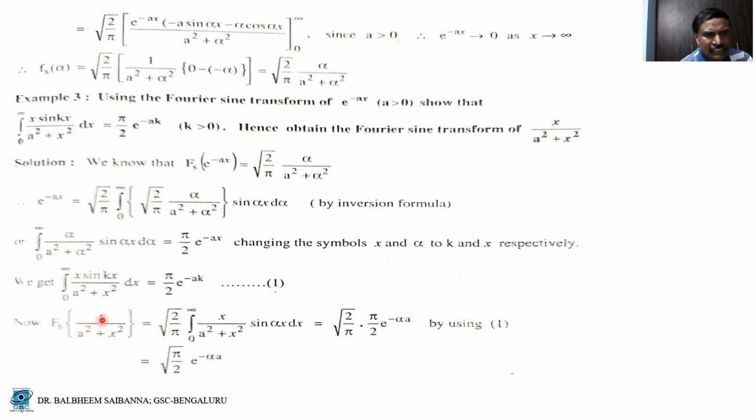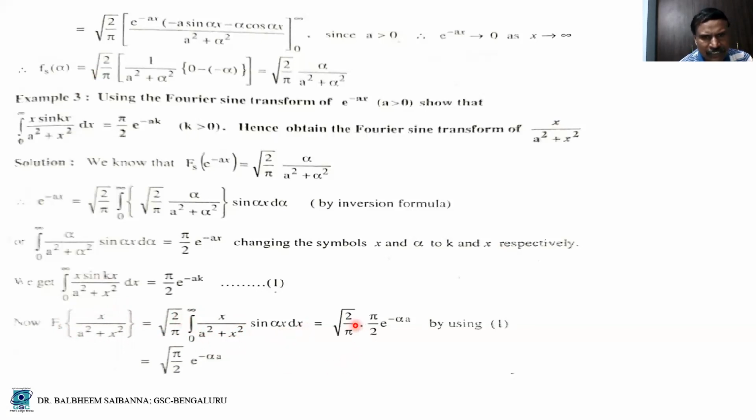Now Fs of x divided by a square plus x square: by using the definition of the sine transform, Fs of f of x, where f of x is x divided by a square plus x square, is equal to root of 2 by pi integral 0 to infinity x divided by a square plus x square sin alpha x dx.